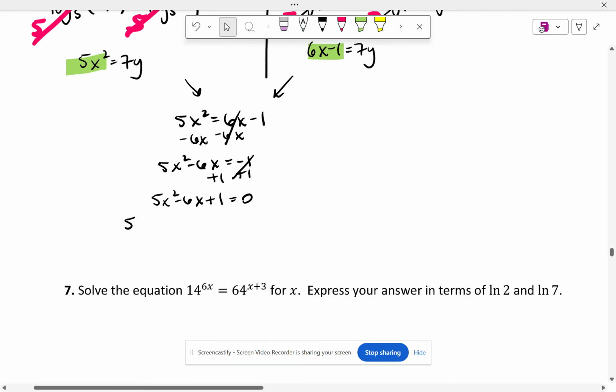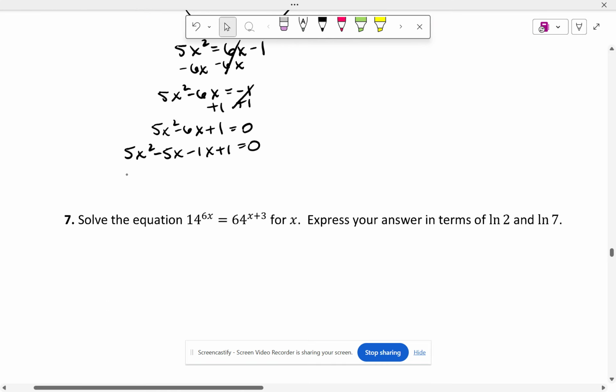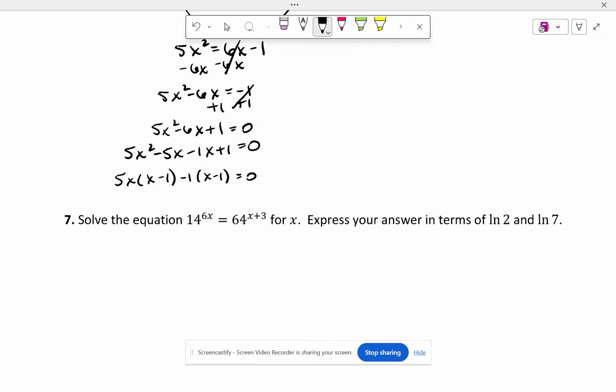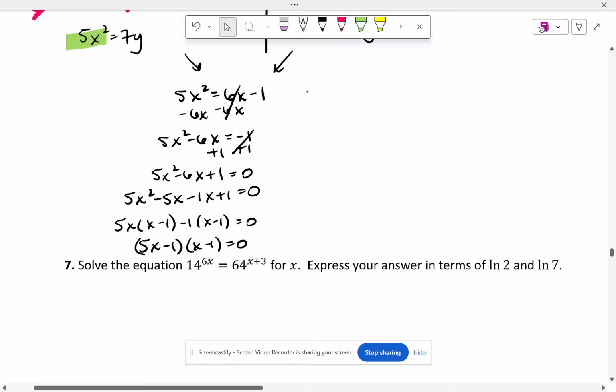So I split the b term into negative 5x minus 1x. I pull out my GCFs. I now have 5x minus 1 times x minus 1. I now have x equals 1/5, x equals 1.